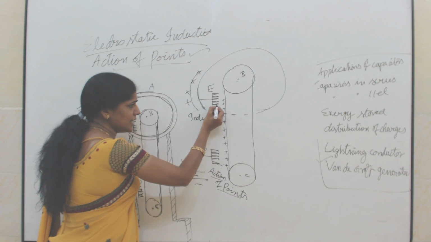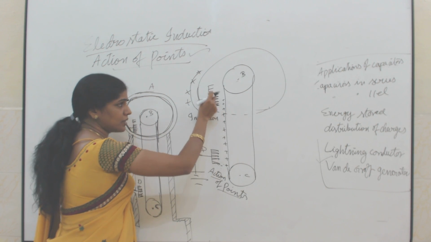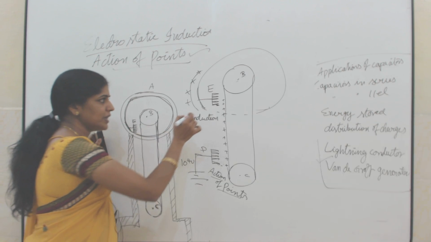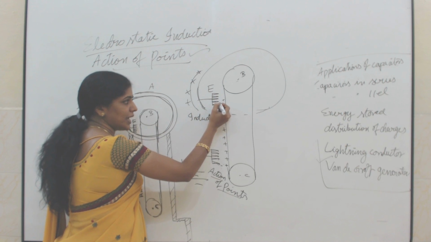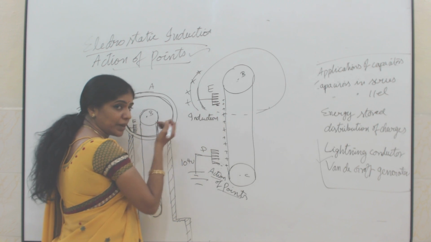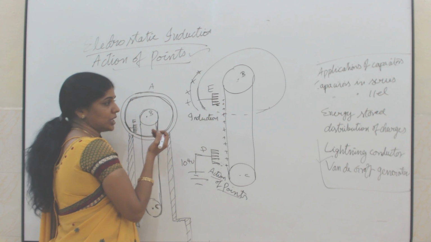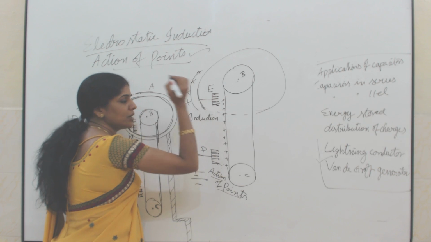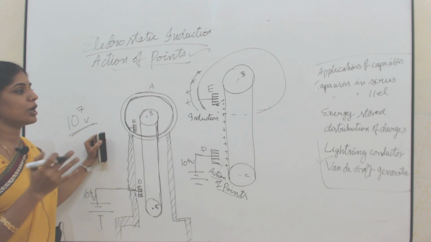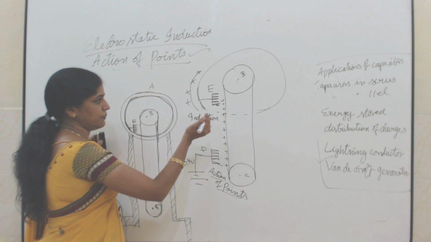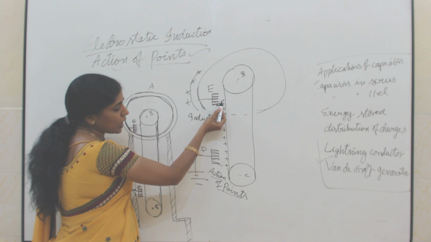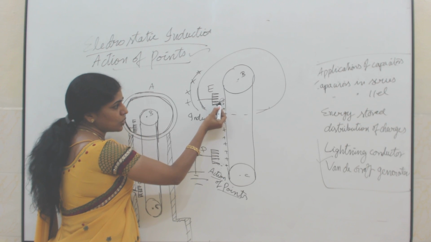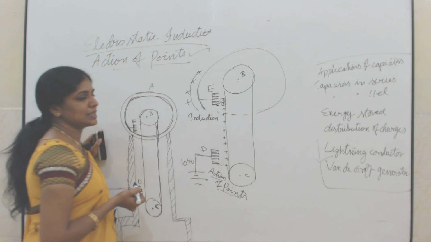When the comb gains the negative charge, it will be accumulated at the sharp end. Again, when the air gets ionized near this region, the positive charges will be attracted towards the negative charge, and the negative charges will be thrown away due to the force of repulsion. These negative charges which are thrown away will neutralize the positive charges on the silk belt.